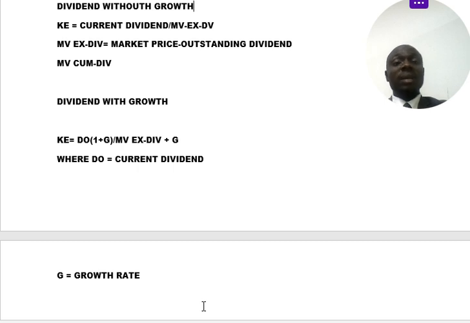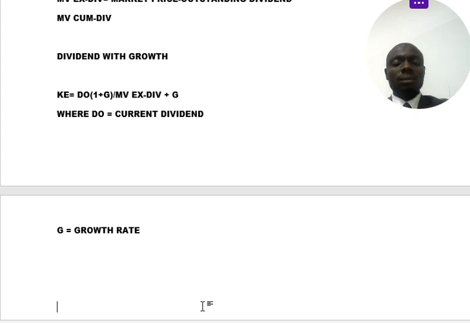So in this video, in my last video, we were able to discuss the method of calculating cost of equity, which is the dividend valuation method with growth and without growth. In this video, we are going to examine the other method of calculating the cost of equity, which is the capital asset pricing model.